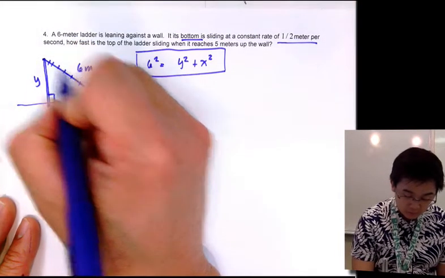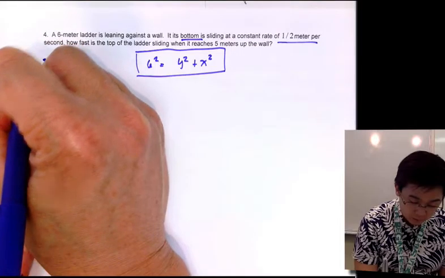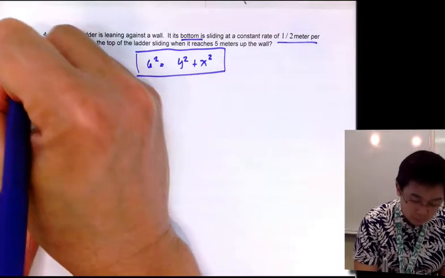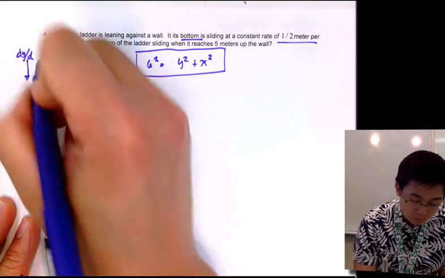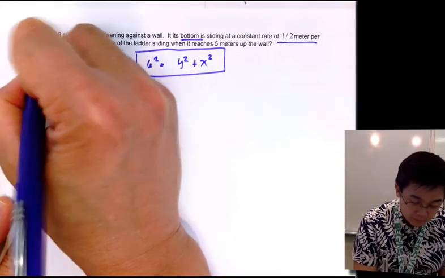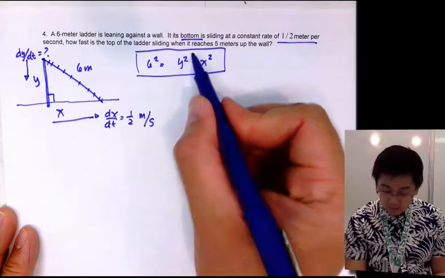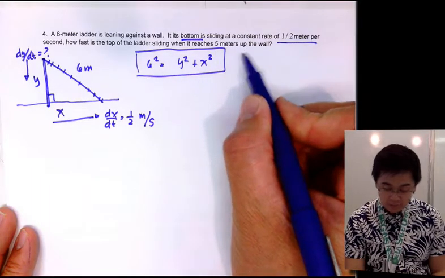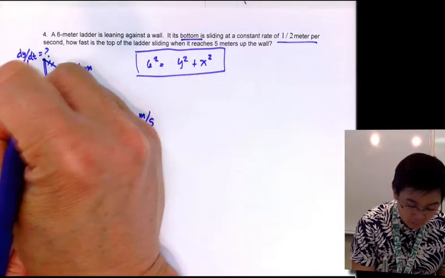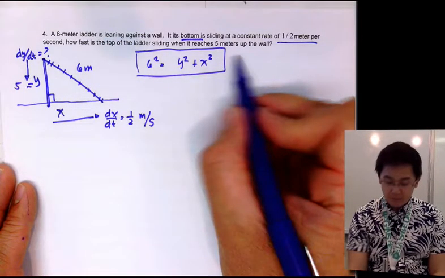So this one obviously will slide down if this is sliding away from the wall. So that means we're looking for the change of y with respect to time. And we're going to look at that using implicit differentiation. And the ladder sliding reaches 5 meters up the wall. So at that instant, y is equal to 5, or the height of the ladder is 5 meters.